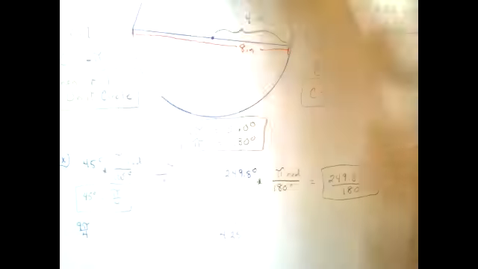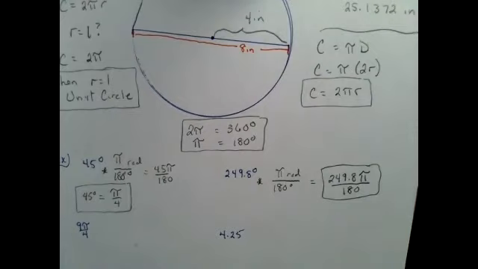And again, if the label isn't there, it's assumed to be radians. So that would be the exact, a lot of times we'll clean that up, multiply by 3.1415926535897 divided by 180 to get an answer. But if the question says exact answer, leave it with pi in there.